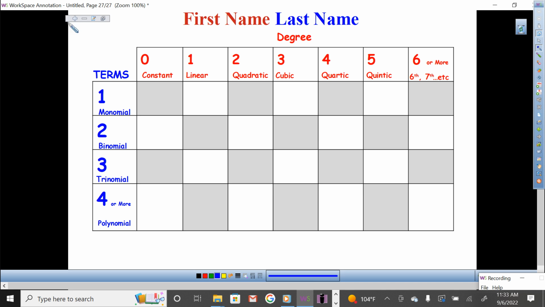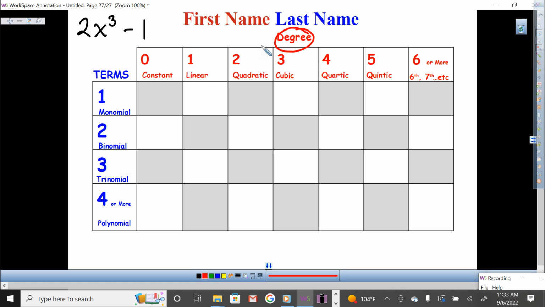Let's say I gave you the polynomial 2x cubed minus 1, and I ask you to classify or give it the name. So you need, first of all, a degree. How do we do that? Well, we start by term. What's the degree of this term? 3.